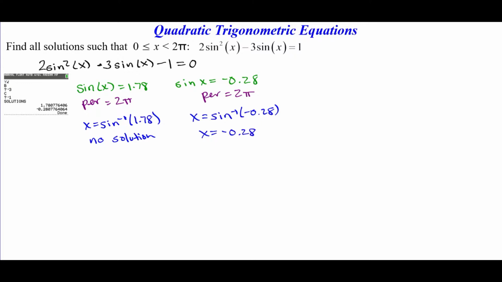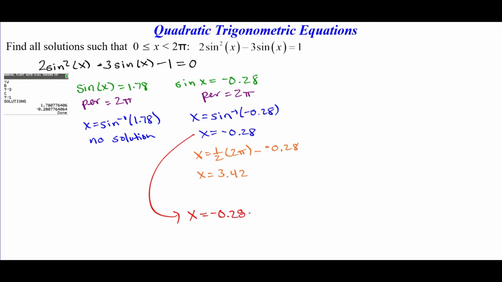Then I have to find my second solution, so x equals 1/2 of my period, which is 2 pi, minus -0.28, which gives me about 3.42. The directions asked for solutions between 0 and 2 pi, so my first solution, -0.28, is not in range. Remember, if a solution is not in the range I need, I can add or subtract the period.